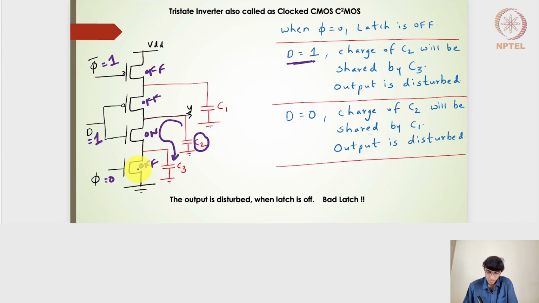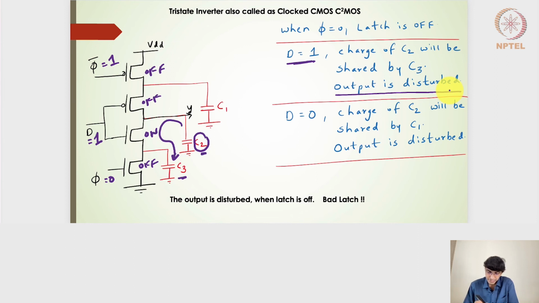Although this transistor is off, C3 is connected to the C2 capacitance via this particular on transistor, and thereby C2 and C3 are going to share the charge, and the output node voltage level is going to drop, right? So in this sense, the output level is disturbed.